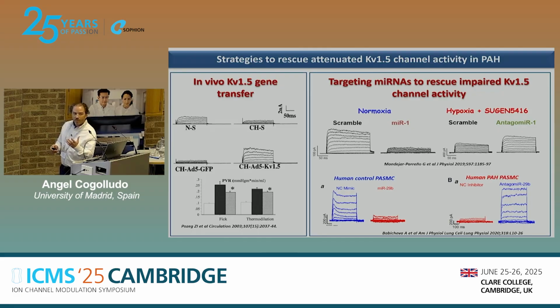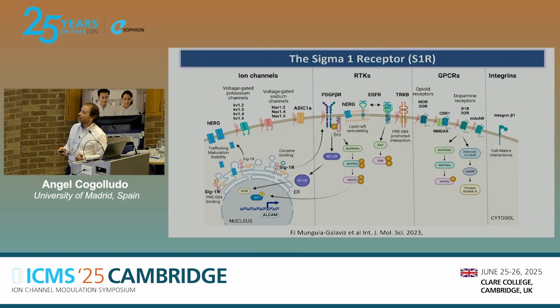So we have also been looking for more feasible strategies to restore the affected Kv1.5 channel activity, and we have focused on this target, the sigma-1 receptor, that probably many of you are familiar with. The sigma-1 receptor is expressed in the endoplasmic reticulum and may affect the function and trafficking of different proteins, including several ion channels.